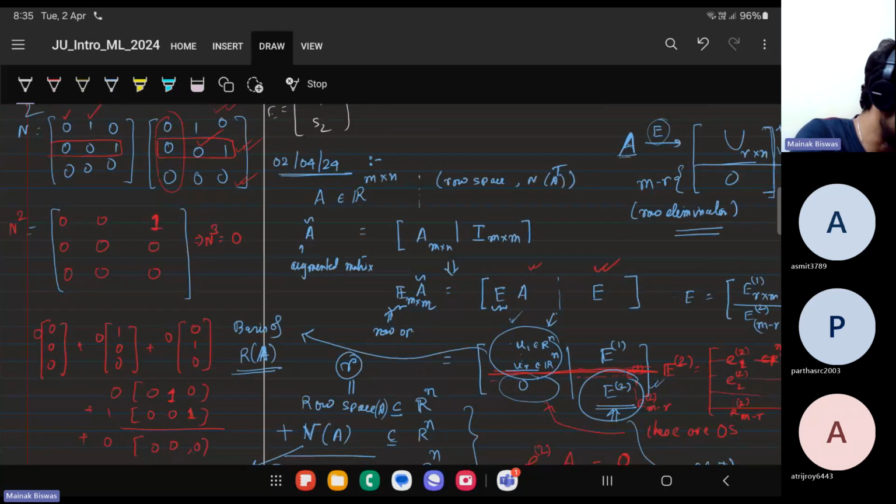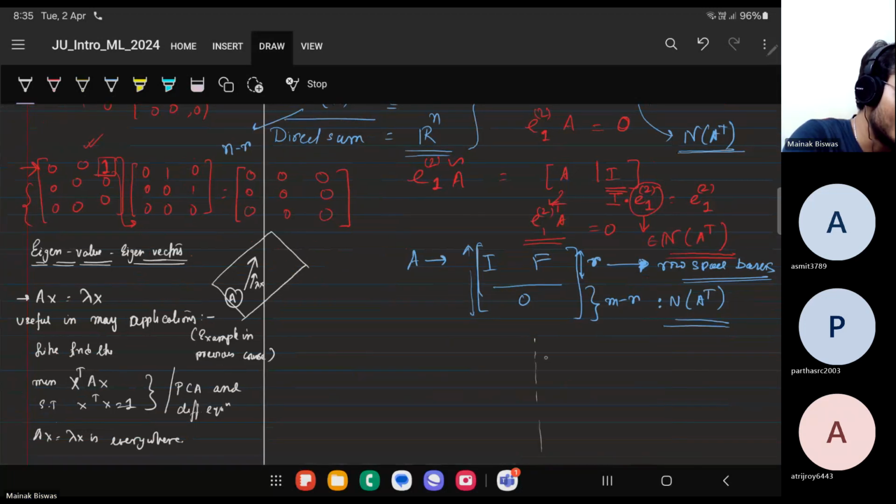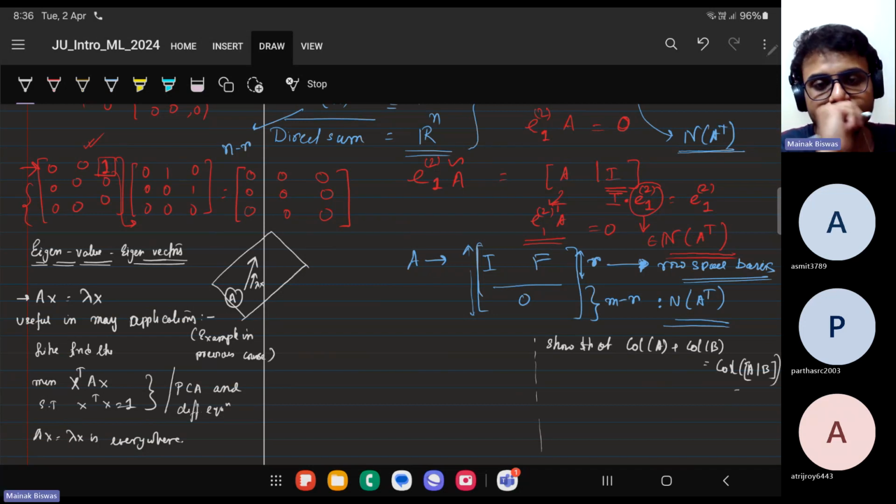So there's a simple question to ask in block matrices. Show that column space of A plus column space of B is equal to column space of A augmented B. How will I show this?